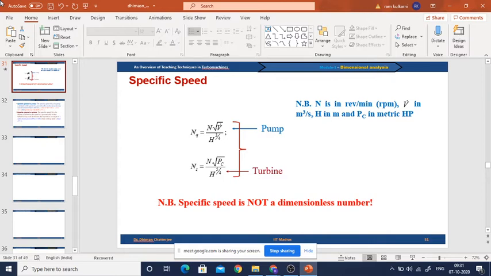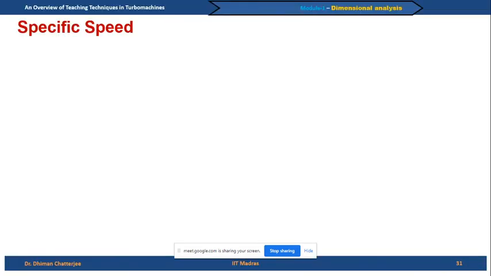We will start with the definition of specific speed and how we arrive at these formulas. The formulas you are seeing on the screen, how we come across them, we are going to see in today's class.